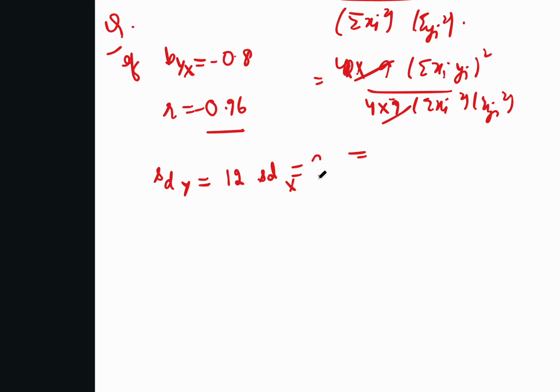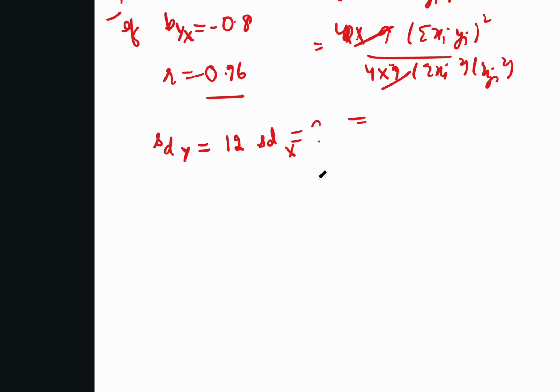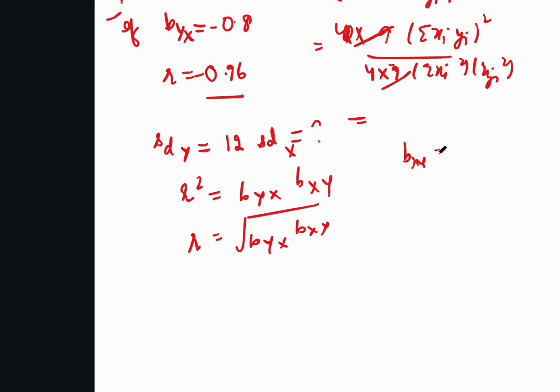Okay, so now we know one thing, that r square is equal to byx times bxy, and r is equal to root of bxy. bxy in itself is equal to covariance of x and y upon variance of x.